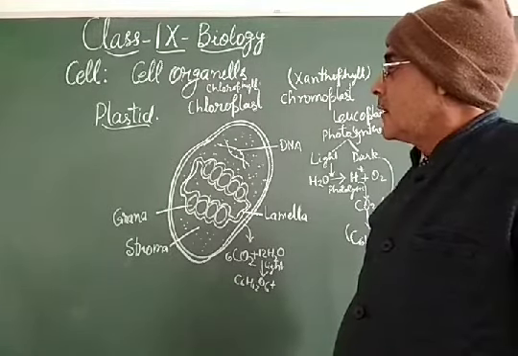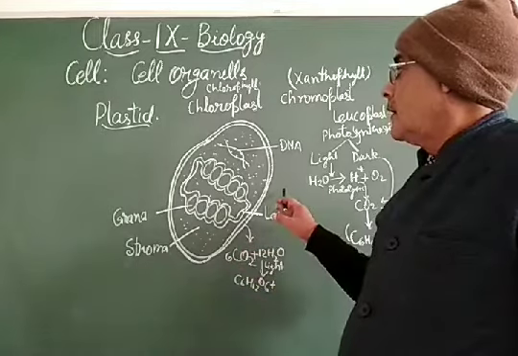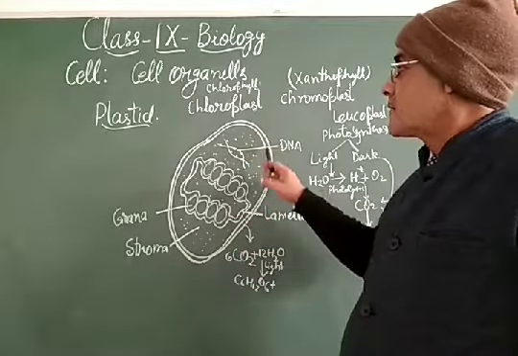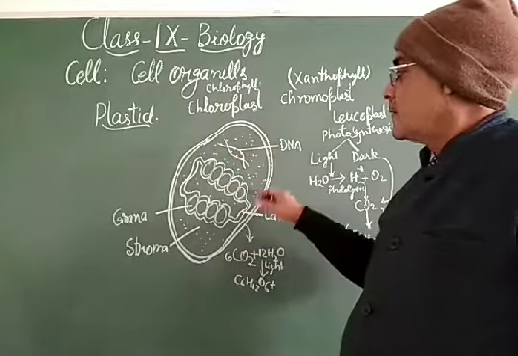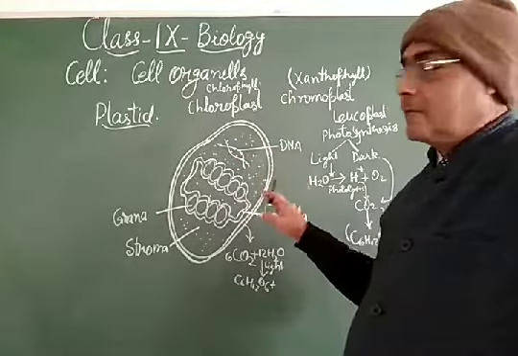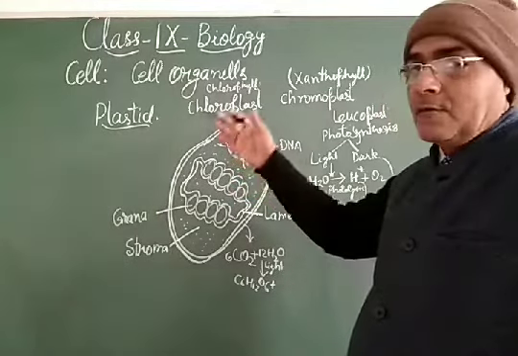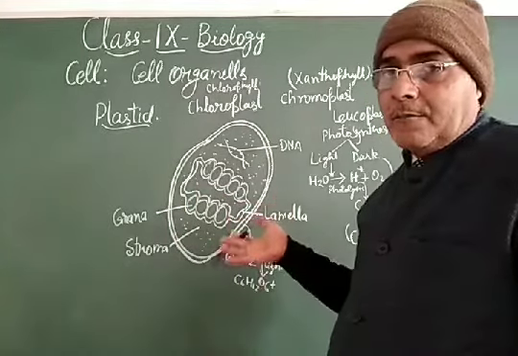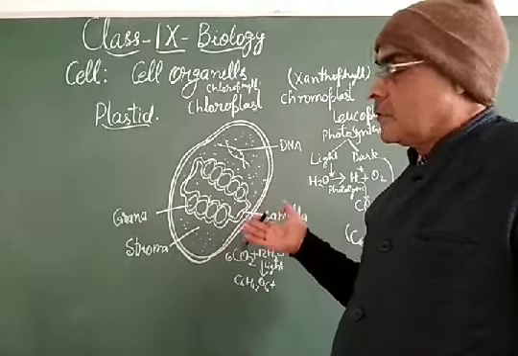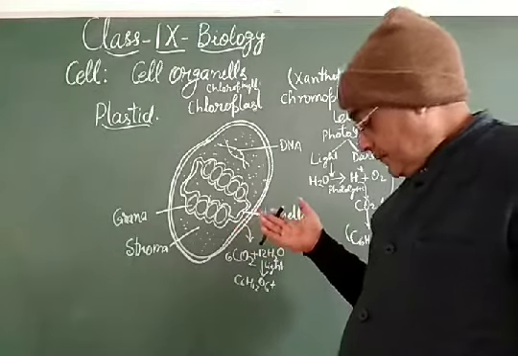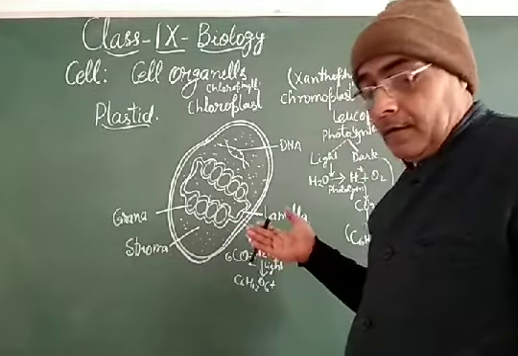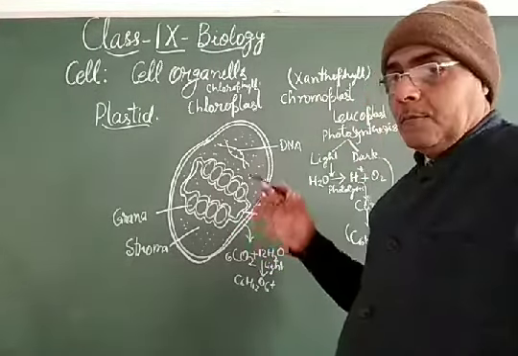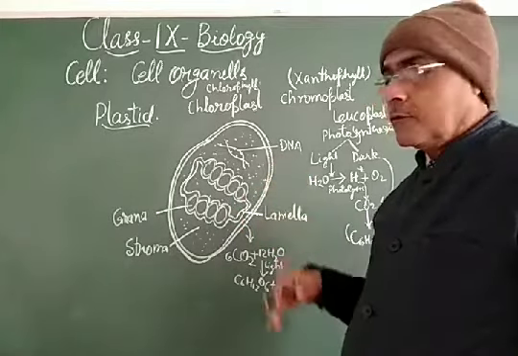That means you are studying the functions of a unit structure, that is, the function of a cell organelle inside the cell, whether that is plastid or mitochondria, or endoplasmic reticulum, or ribosomes, or some other cell organelles. My dear students, let us see about the ribosomes.